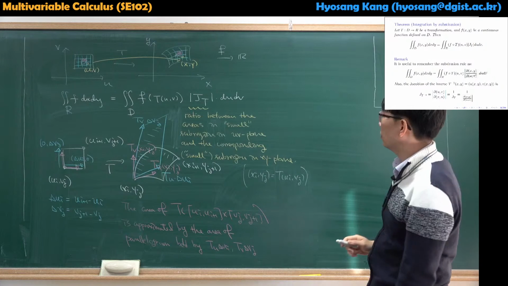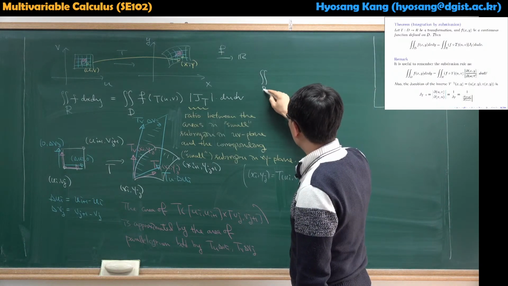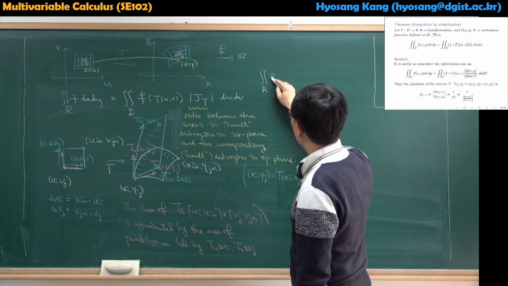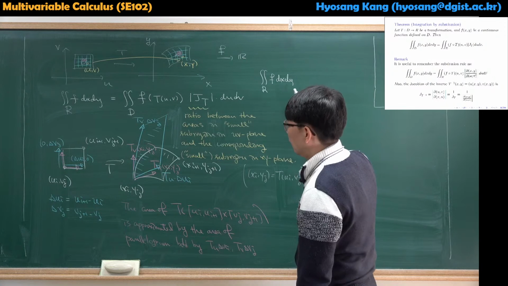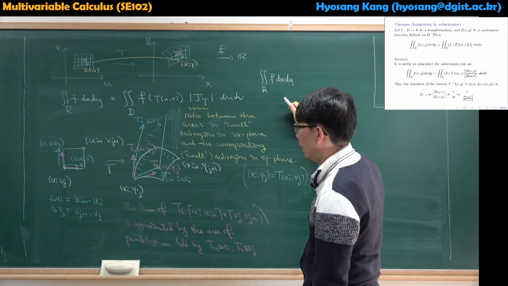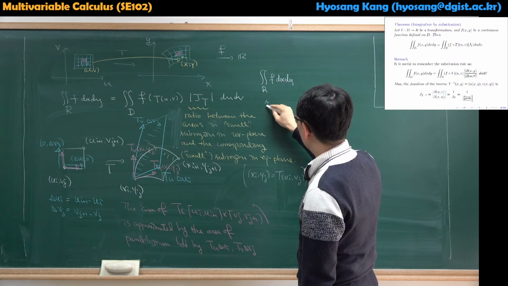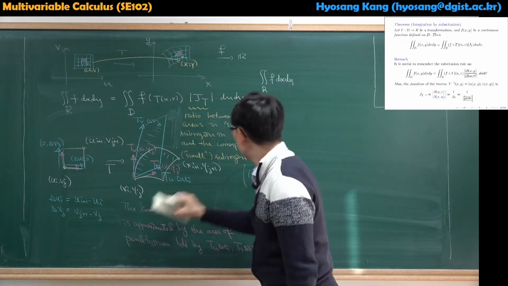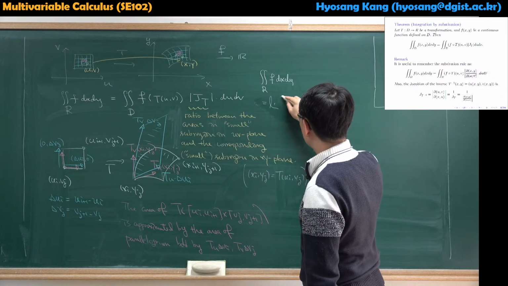So here I have to compute the double integral over R of f dx dy. How should I do this? It's the same as the limit of a sum.